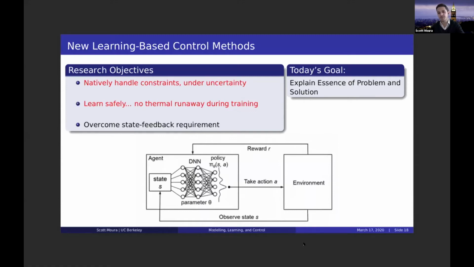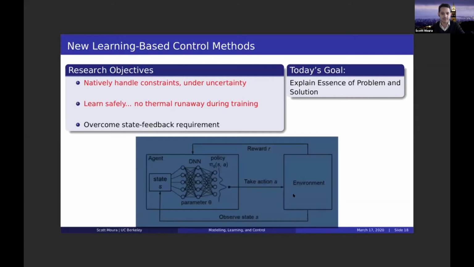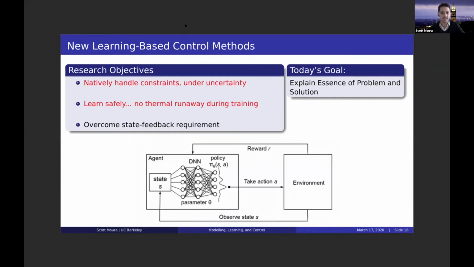So my goal is really to explain the essence of this problem and the solution that we've come about. And just to explain a little bit more on reinforcement learning, it is this feedback control architecture where you have this environment, which in this case is the battery.